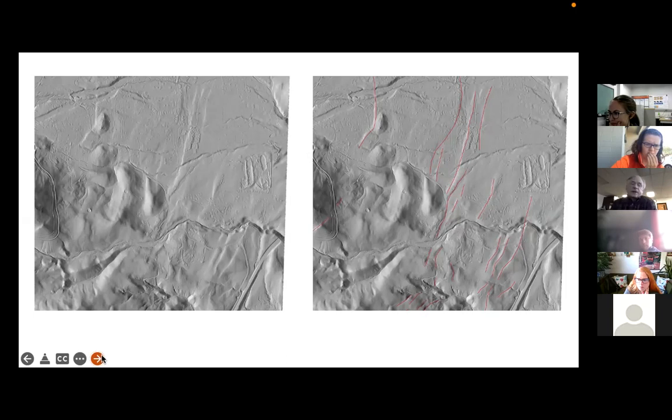So this is the uninterpreted LiDAR on the left and the interpreted LiDAR on the right, with this red line of where I noted scarps. You generated a couple of different hill shades, one with the light coming from the east and one with the light coming from the west, and you compare the two. But in this case, the white slopes are facing to the west, and the darker slopes are facing to the east.